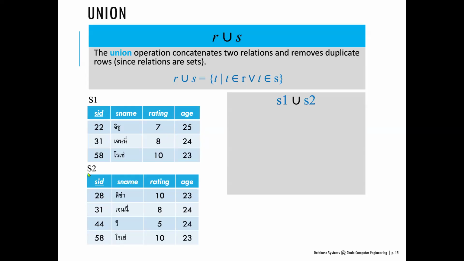Now, this is union compatible rule number 1. Union compatible rule number 2 says that corresponding columns or corresponding attributes must have the same type. Now, this one is easy because it's SID here, SID here, so we know that it's the same type. S name here, S name here is the same type. Rating and age is also.